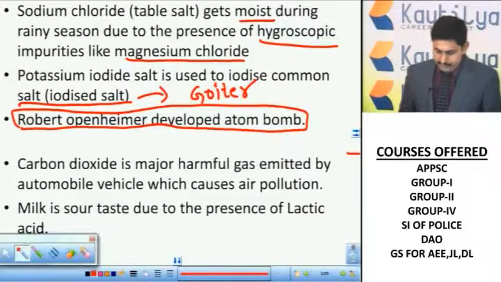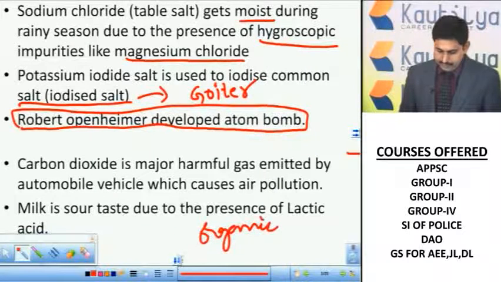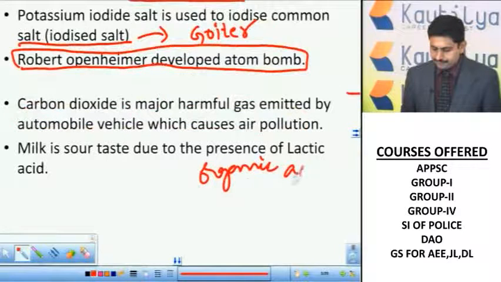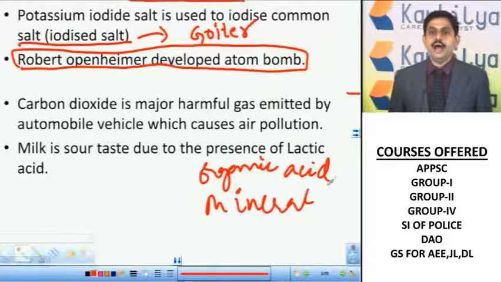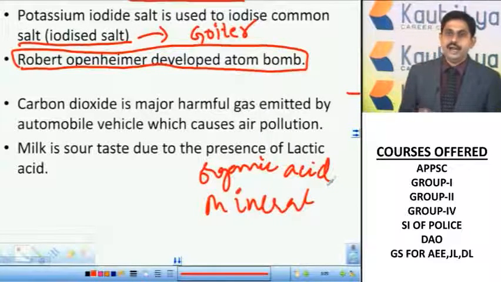See, acids are basically classified into two types. They are called organic acids and mineral acids. Organic acids means the acids which are present in edible substances.